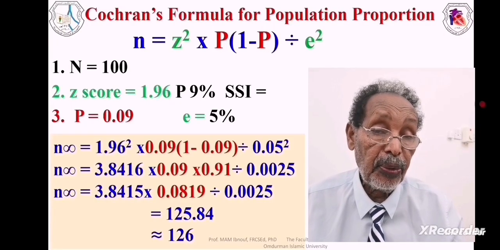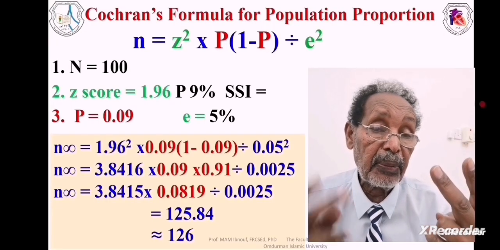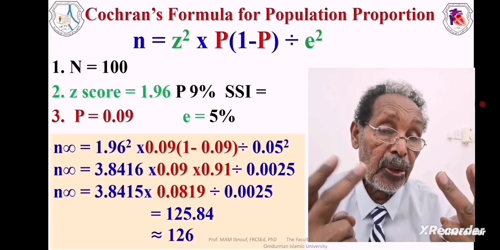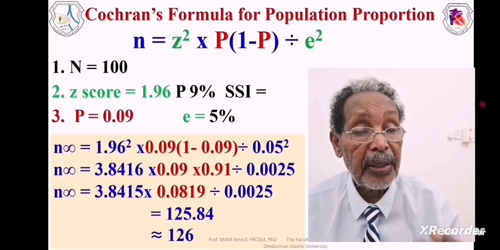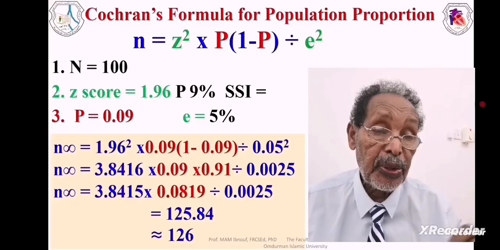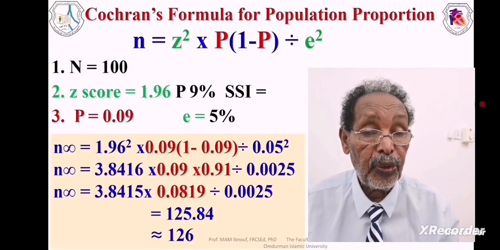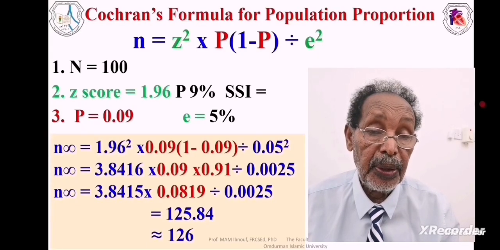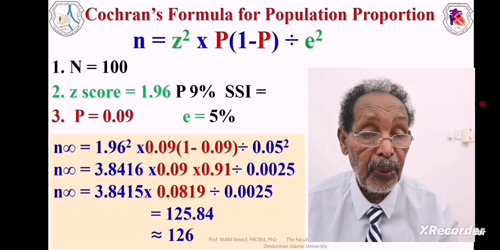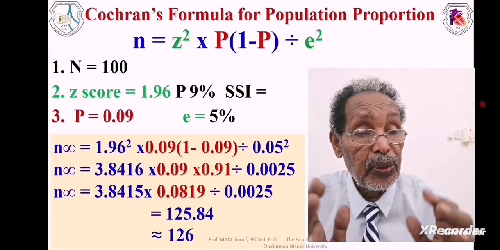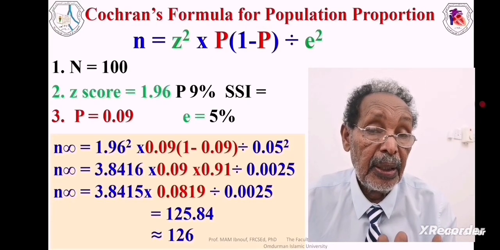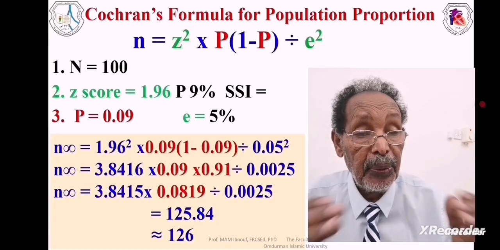It is 0.05 multiplied by 0.05, and that will be 0.0025, and the result will be 125.84. And since there is no fraction of a patient in the sample size, we round it up.